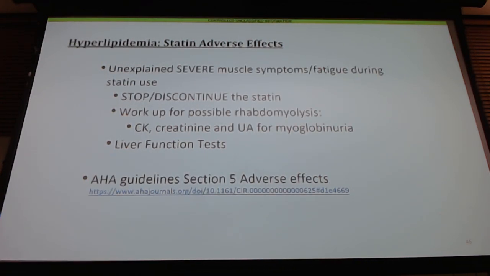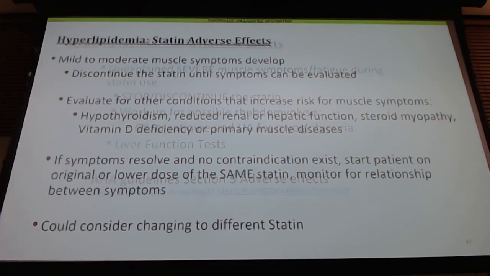So what do you do if you encounter a patient who is having a side effect? Well, first of all, let's stop or discontinue that statin. There's no point in continuing to throw that medication at them to cause further damage if it's causing problems in the first place. So let's stop it, and let's work them up, make sure that they don't have rhabdo, and then we're going to look for other conditions that could be putting them at a risk of experiencing that side effect.